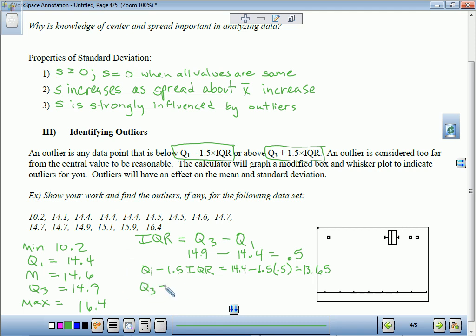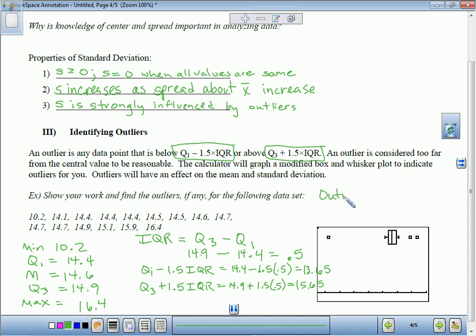Or do any pieces of data lie above this? Q3 plus 1.5 IQR, which in this case would be 14.9 plus 1.5 times 0.5. Is there anything above 15.65? Yes. So we can define the following values as outliers.